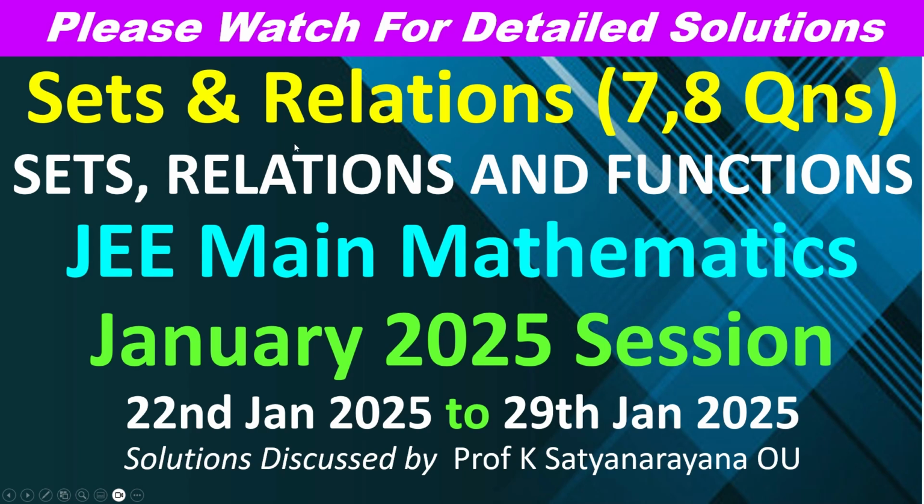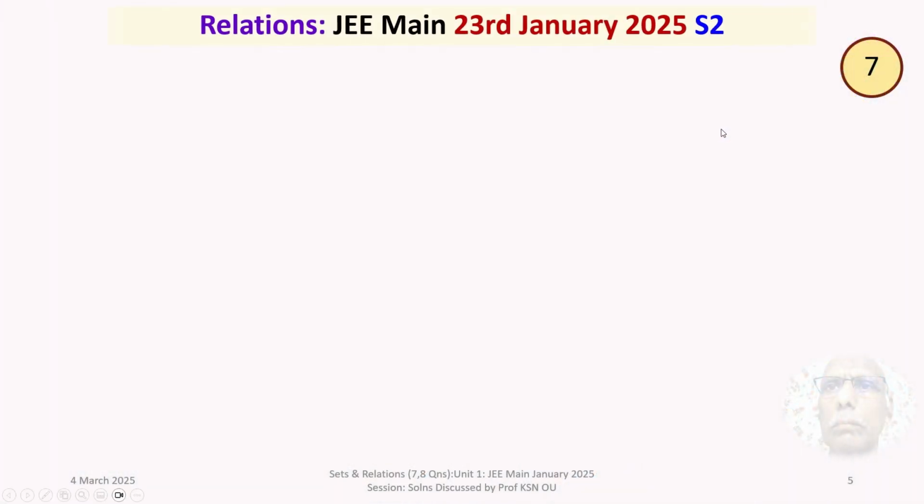And these are the questions related to sets and relations. The questions are designated as question number 7 and 8. This is the question that appeared on 23rd January 2025 in the second shift, and it is related to relations.